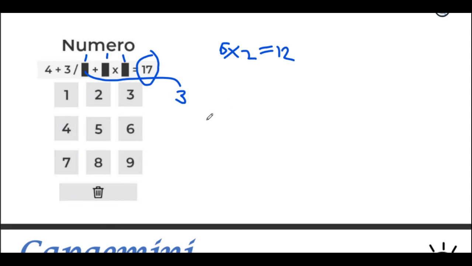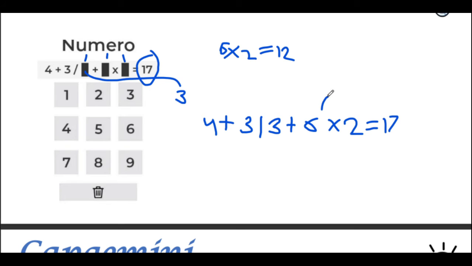Which means we can choose the equation like this: 4 plus 3 divided by 3 plus 6 multiplied by 2 giving 17.